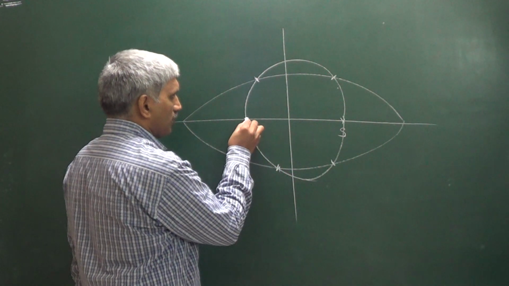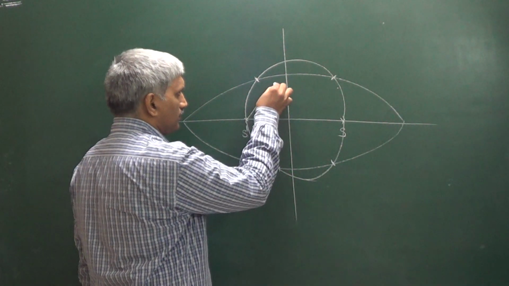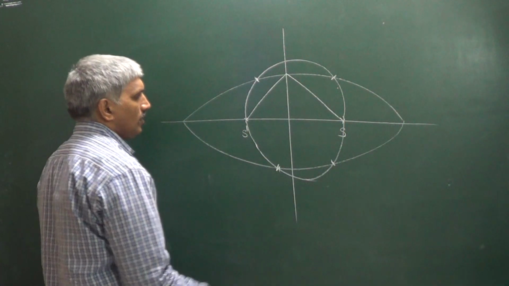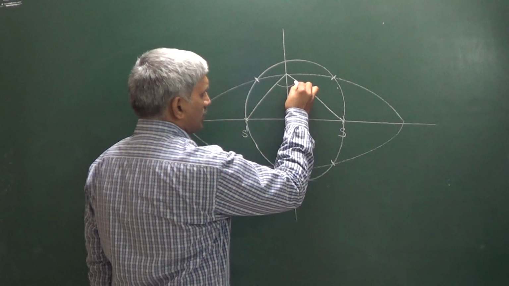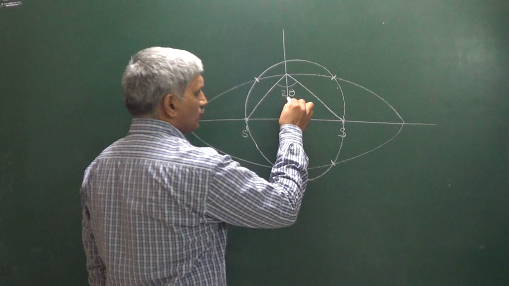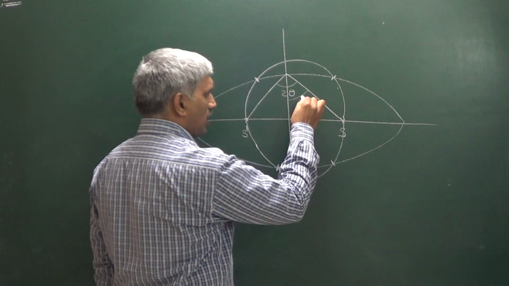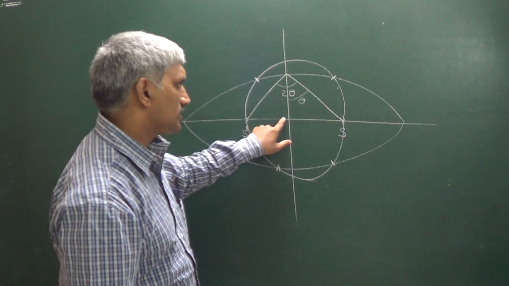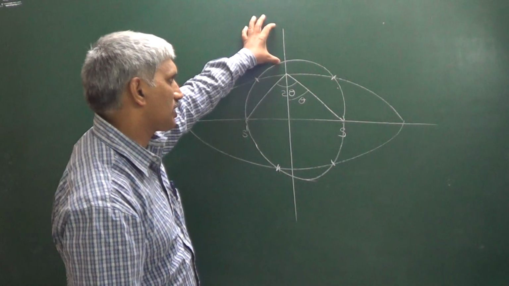Okay, just observe here. What about this particular angle? I am taking this angle to be 2 theta, right? If that angle is 2 theta, no doubt this becomes theta. You see, SS' is the diameter of the circle.